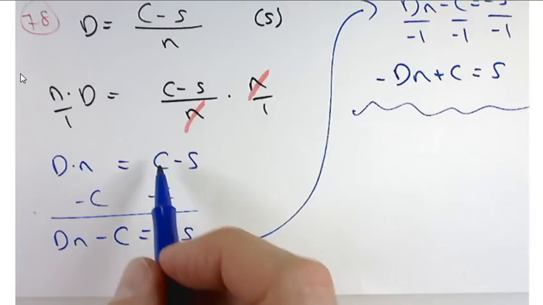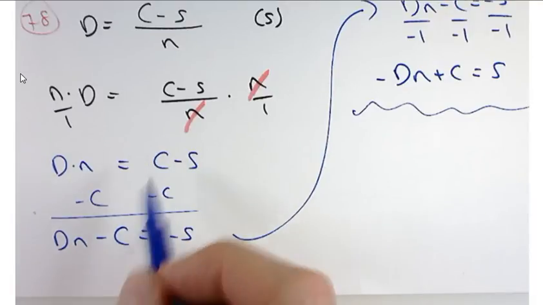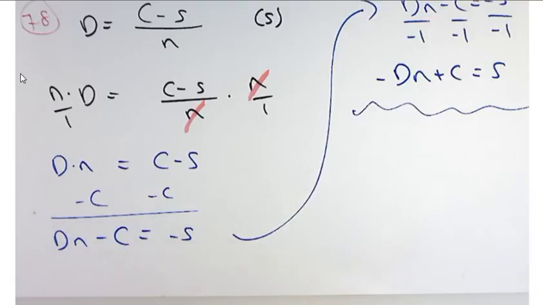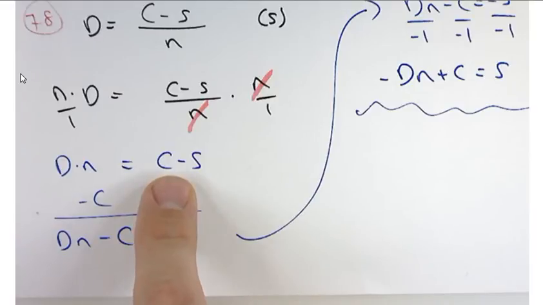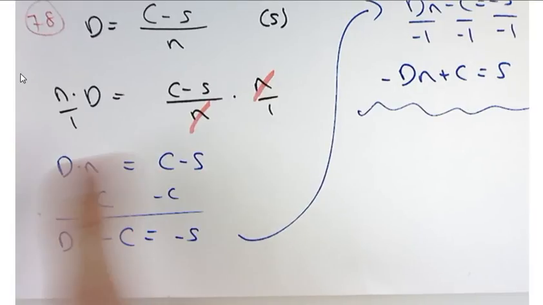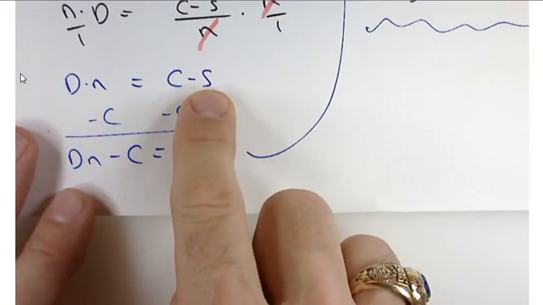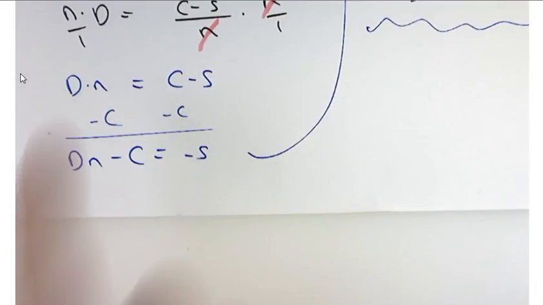When a term changes sides, what else changes? The sign. So if you started out here, said to yourself, if I move that s to the side, it's going to change signs, right? So if I move that s to the side, it becomes positive.